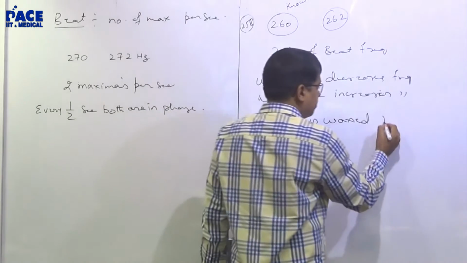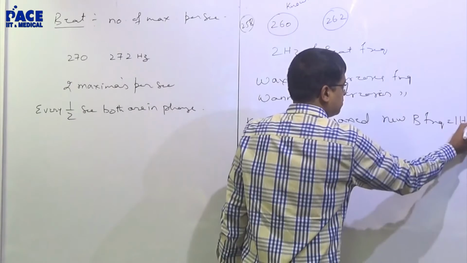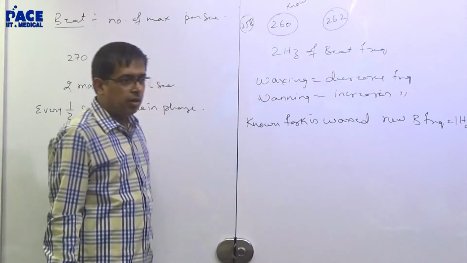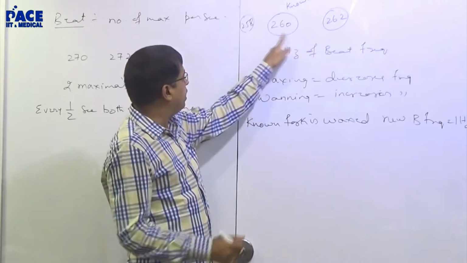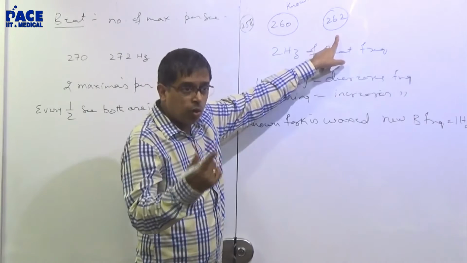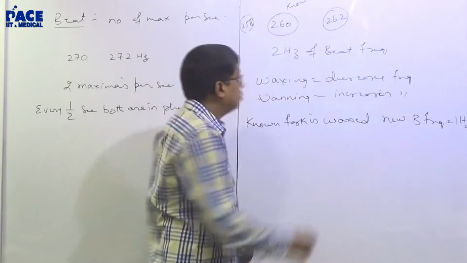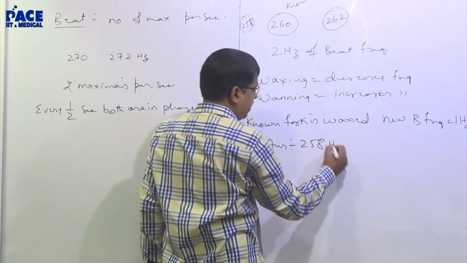Now the new beat frequency is 1 hertz. While you wax it, the frequency decreases. Now when it decreases, the difference between that and this will be greater than 2. But you are telling me 1 hertz. So then the answer is the unknown tuning fork is 258 hertz.